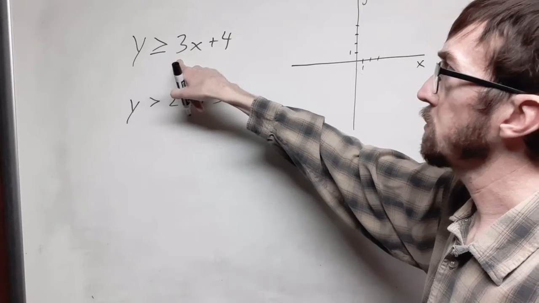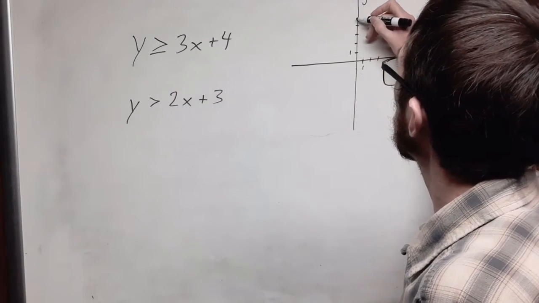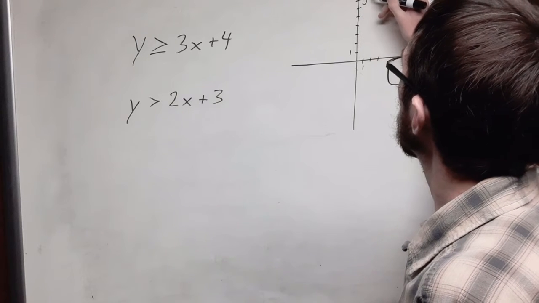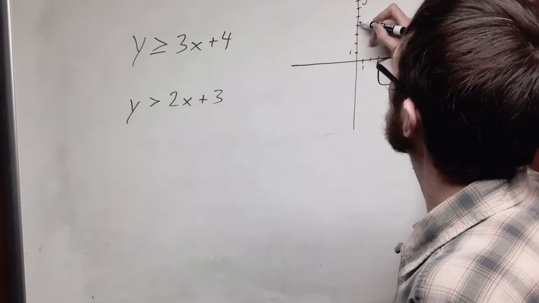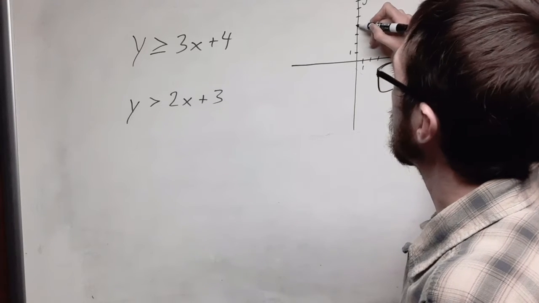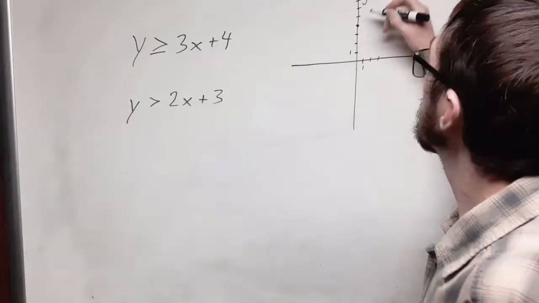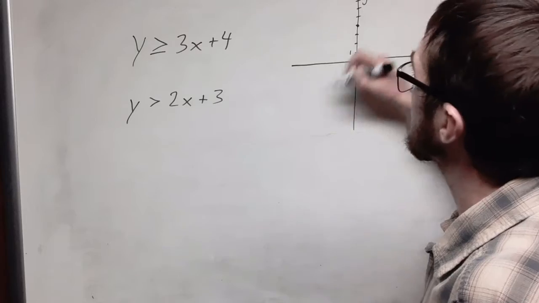Our slope is going to be 3 over 1, and so we're going to go up 3 and over 1, and so we are going to connect the y-intercept 4 to this up 3 over 1, this slope point here.